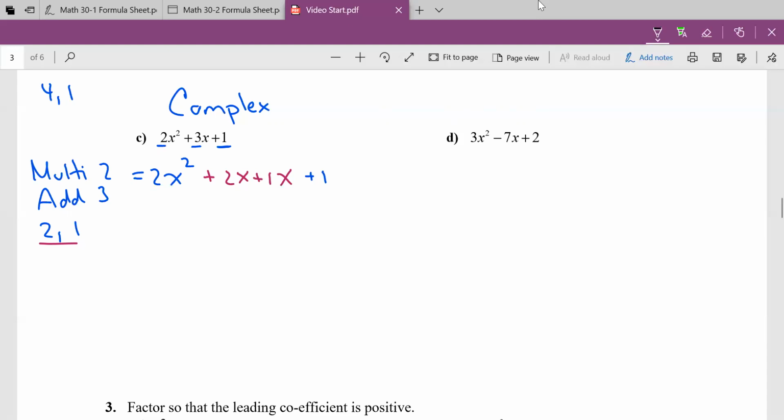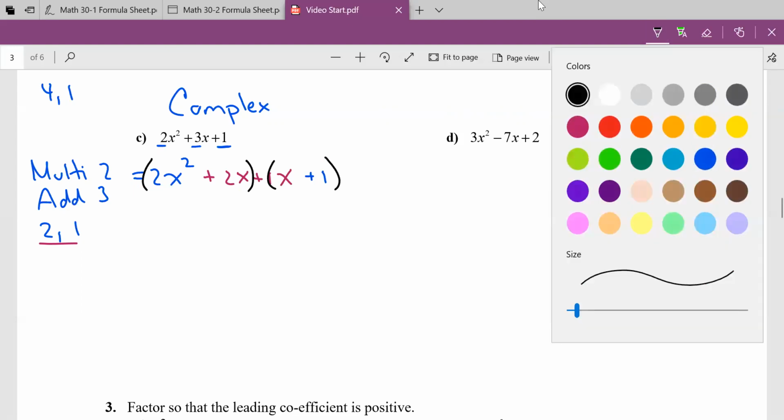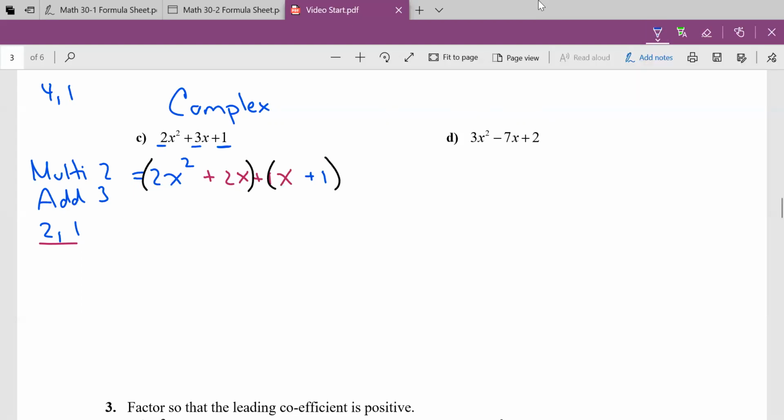Then I'm going to do something called group factoring. So I'm going to put some parentheses around the first two terms and the last two terms. And I'm going to factor out of the first set of parentheses a 2x. I'm left with x plus 1. Out of the second set of parentheses, I can factor out just a 1.